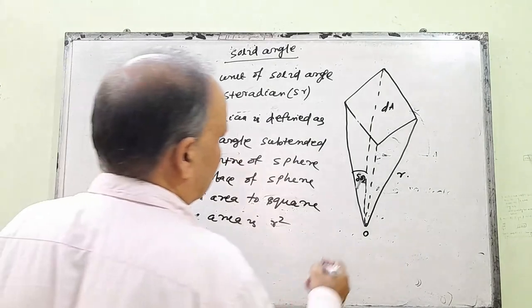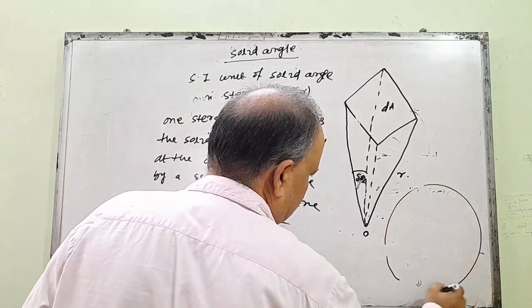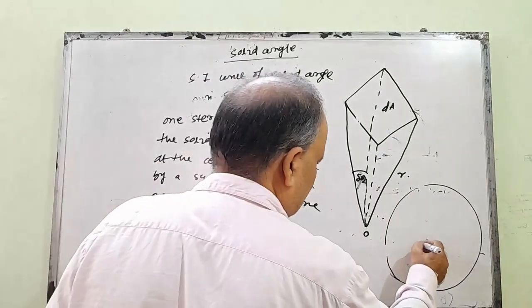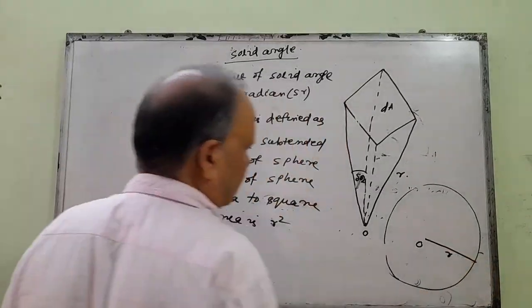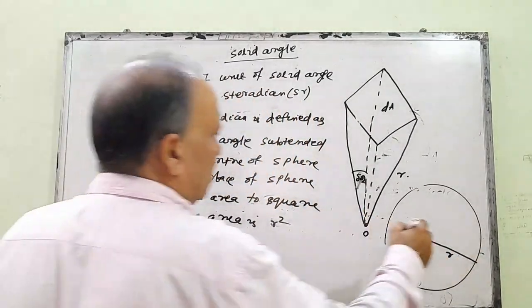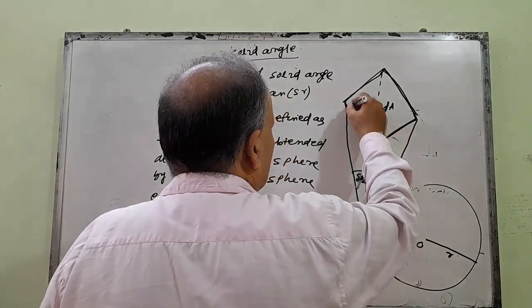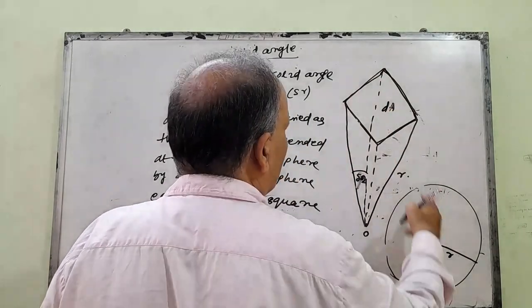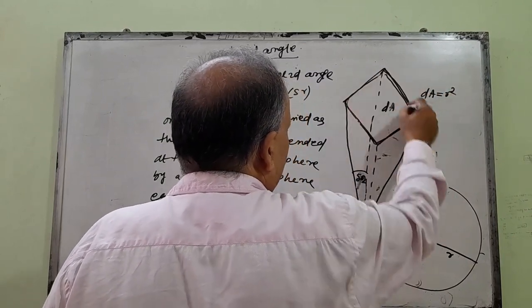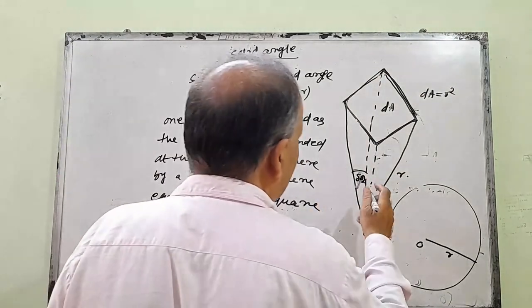Suppose you take a sphere, and from the center of the sphere, suppose the radius of the sphere is equal to R. Taking this radius R, you draw a square on the surface of the sphere whose area is equal to the square of the radius. This amount of area makes an angle at the center of the sphere.